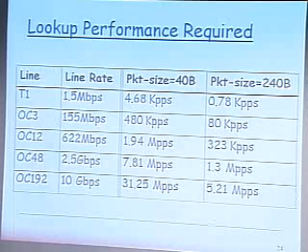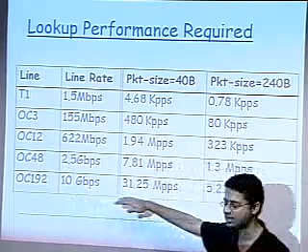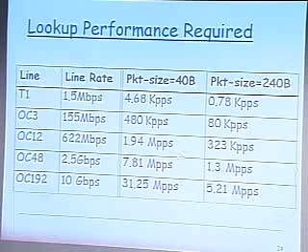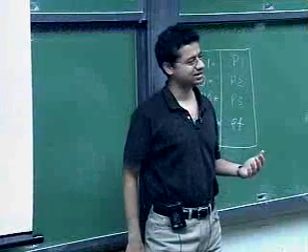So that's why it's very important to optimize the number of memory accesses. If you look at modern routers, the limiting factor behind their speed is in the speed of the memory, the number of memory accesses you can make, and that comes from these complicated data structures that you have to deal with in trying to get the right result.